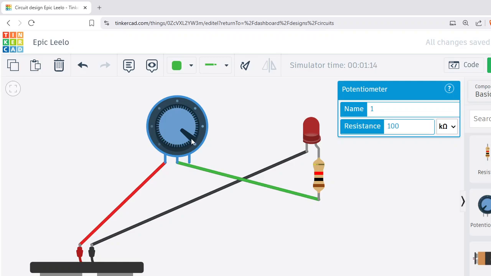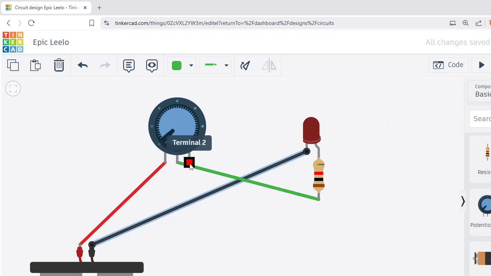Now what happened? And now how much is it? 0. So you see, this is only working to change the resistance now. The potentiometer is working to change the resistance. You need to understand this, because you will be using the potentiometer at so many places. See what is going to happen if I connect the third terminal of this also.